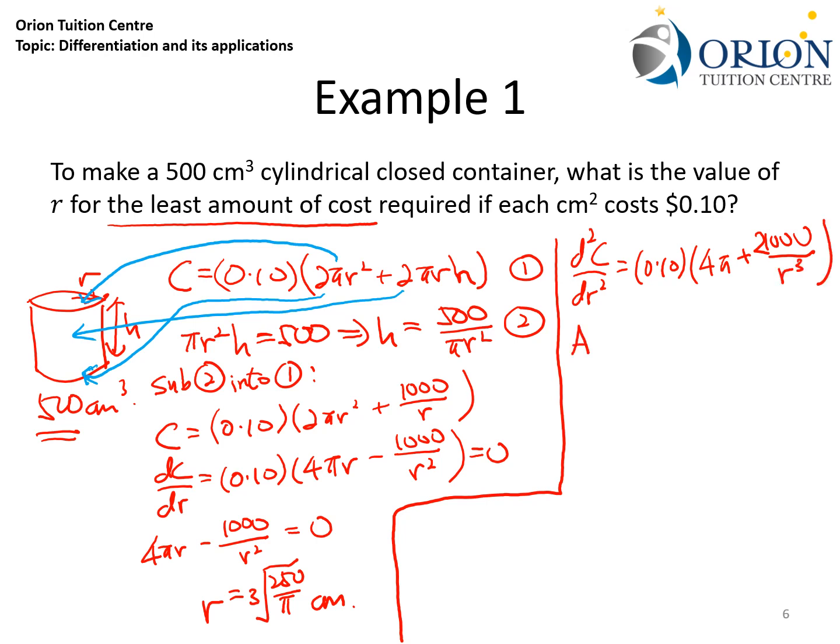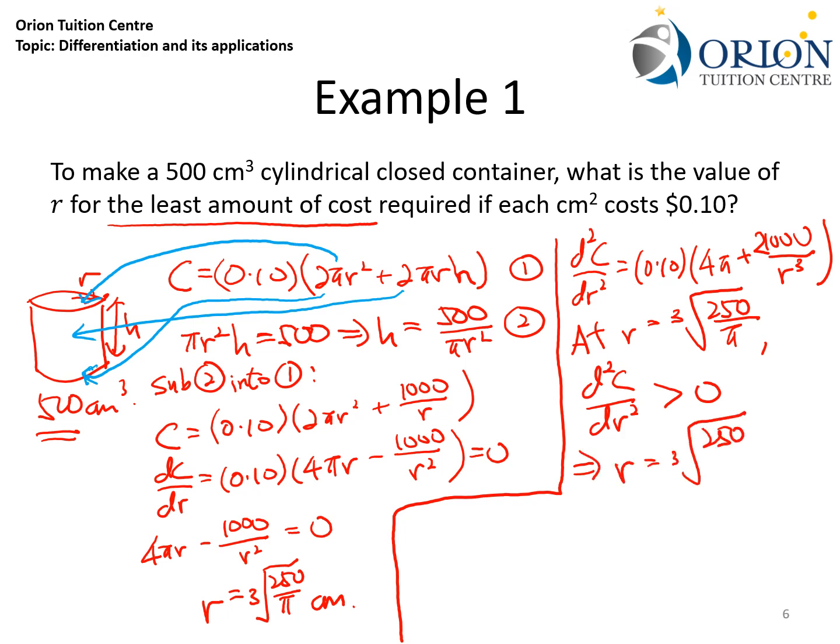We can substitute r equals the cube root of 250 over π in, and we can see that d²C/dr² will be a positive term. Therefore, this tells us that r equals the cube root of 250 over π gives us the minimum cost of making the cylinder.